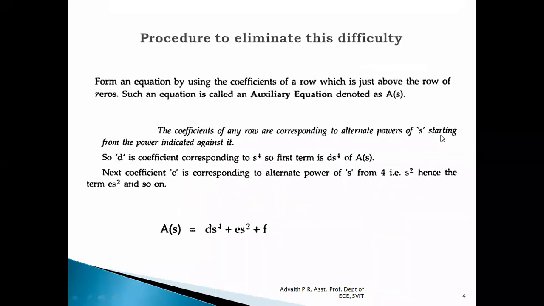Next, the coefficient E corresponds to the alternate power of S. That is, from s to the power of 4, it becomes s to the power of 2, meaning we take alternate powers of S. Hence, the term becomes E s to the power of 2, and it continues.